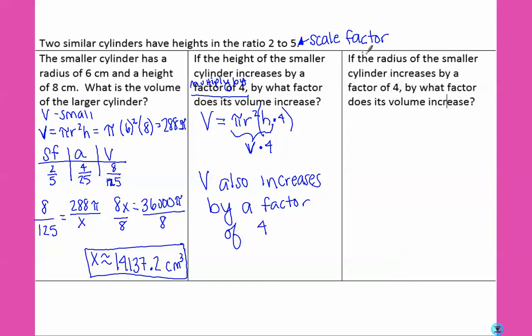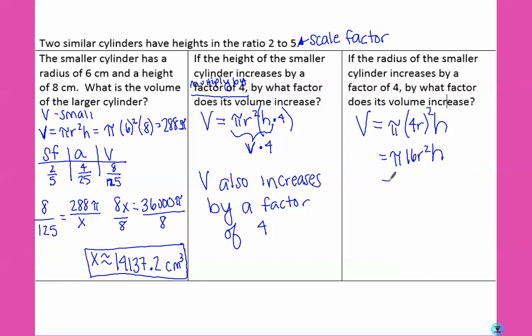What if the radius of the cylinder increases by a factor of 4? What does that do to the volume? Volume equals pi. We square r, so now we'd be squaring 4r times h. 4 squared would be 16, so we'd have pi times 16 r squared h.